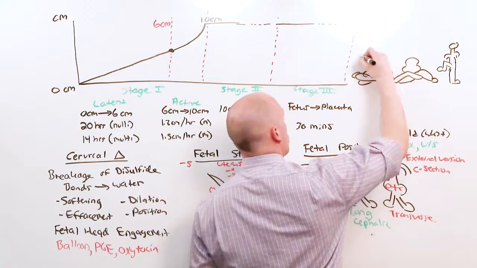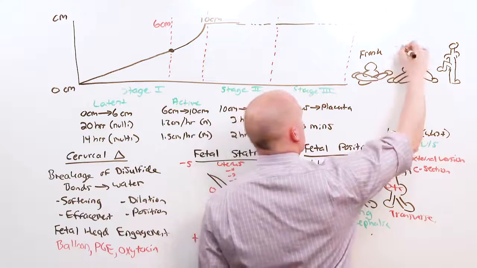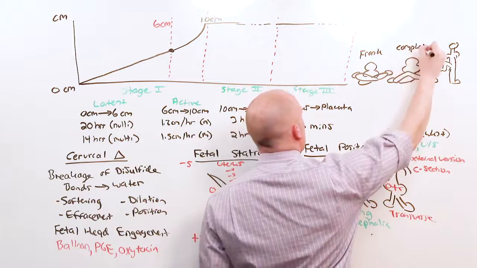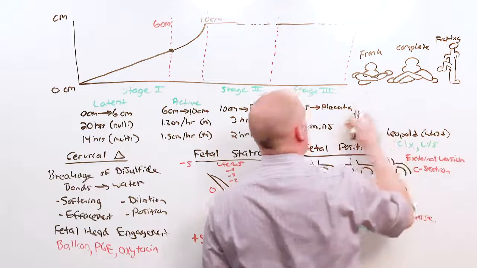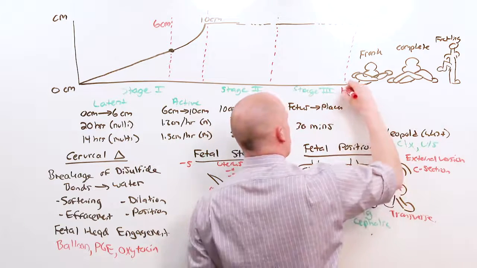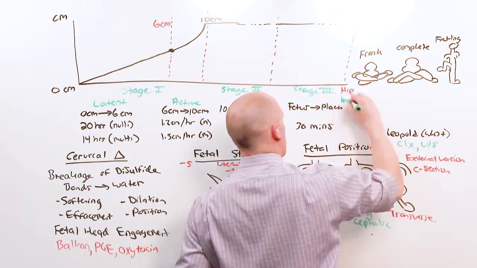This first one is called a frank breech. The second is called complete. The third is called footling. It has to do primarily with what the hips are doing and what the knees are doing.